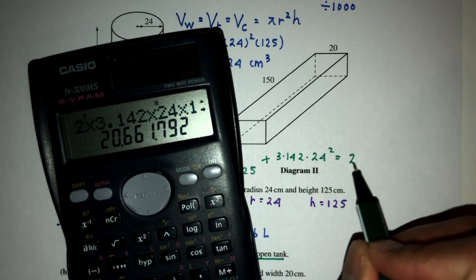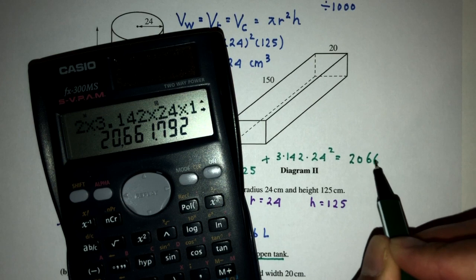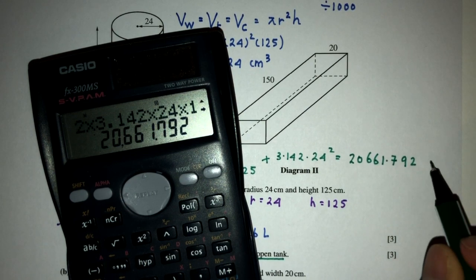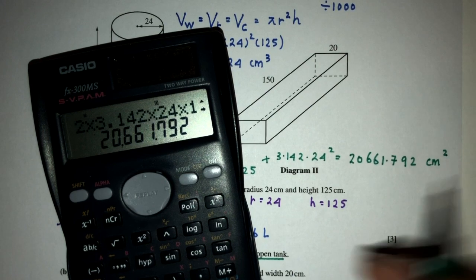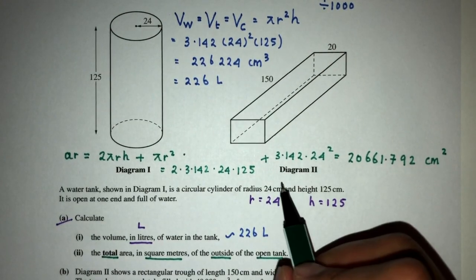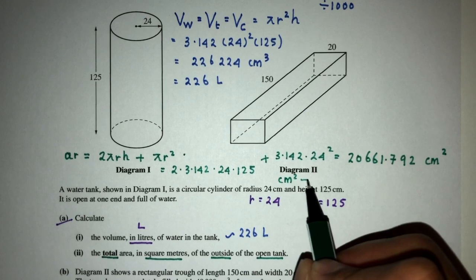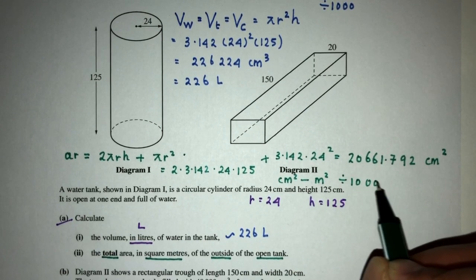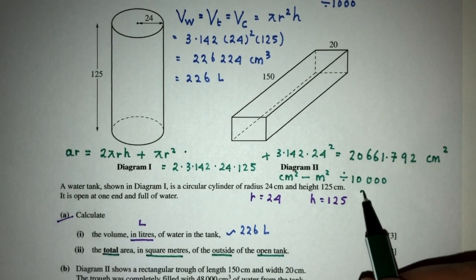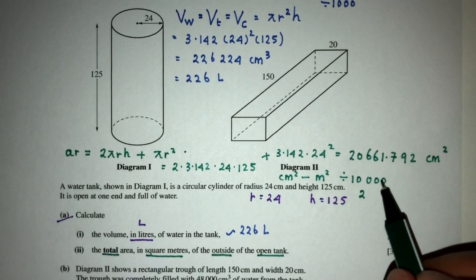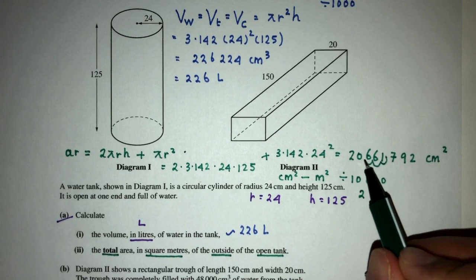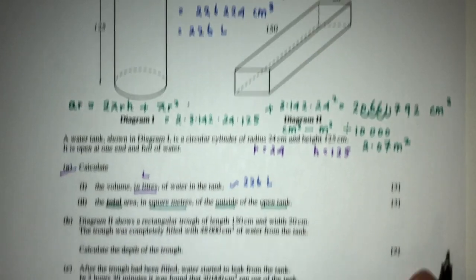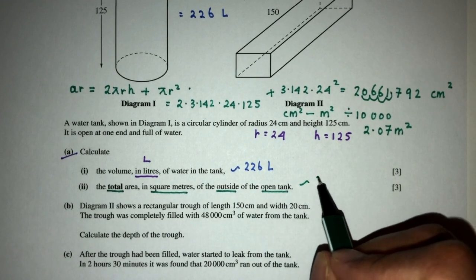That will be 20661.792. That is centimeters square. Now you have to know, to convert centimeters square to meters square, divide by 10,000. So we have to move 1, 2, 3, 4 places. 2.07 meters square, correct to 3SF. This is your answer for this one.